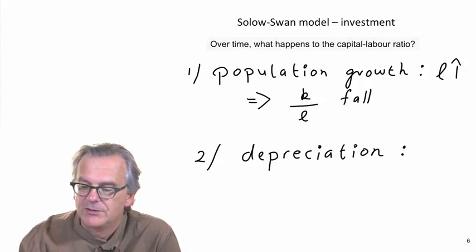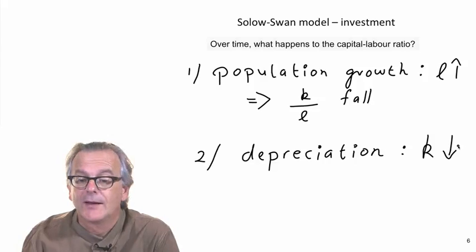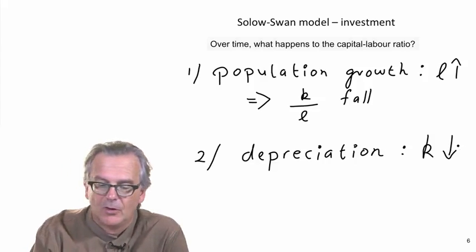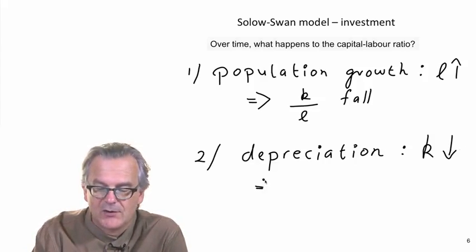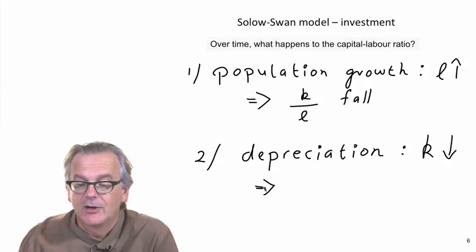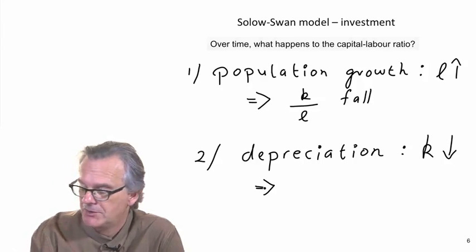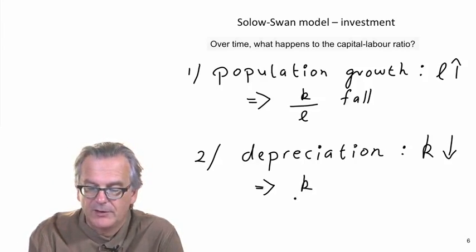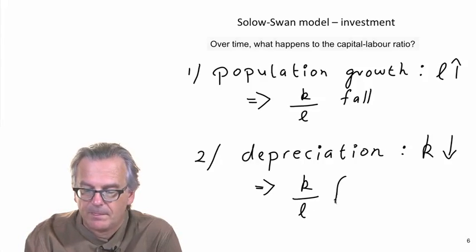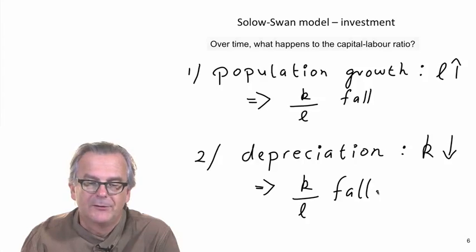In our notation, the way we can represent depreciation is there will be a fall in the capital stock, which means if that was the only thing that was occurring in the economy, we just sat back and observed an economy where the only thing that was going on through time was depreciation, we would be observing a fall in the capital-labour ratio.